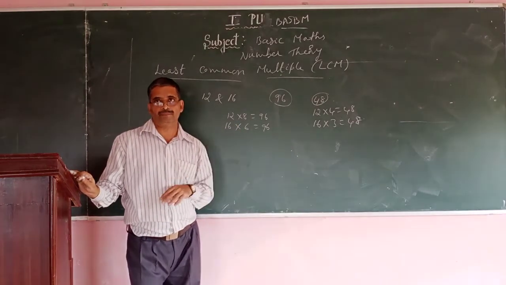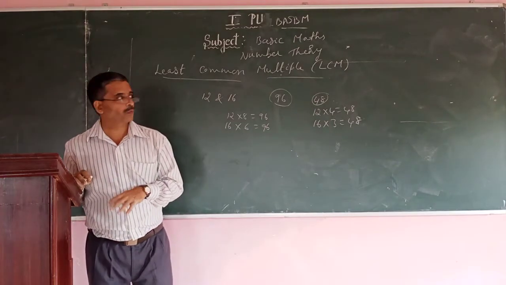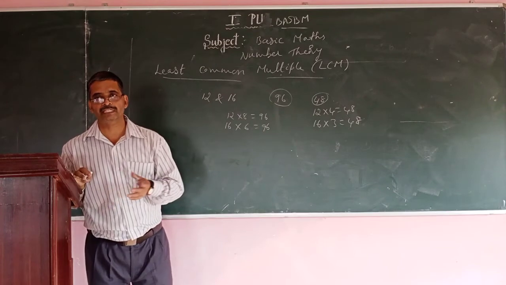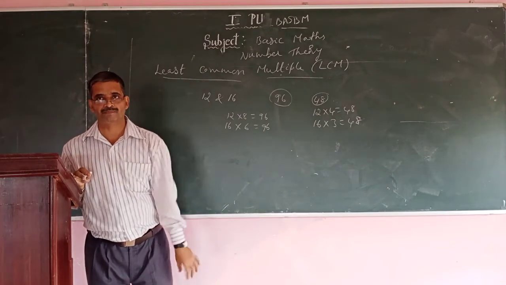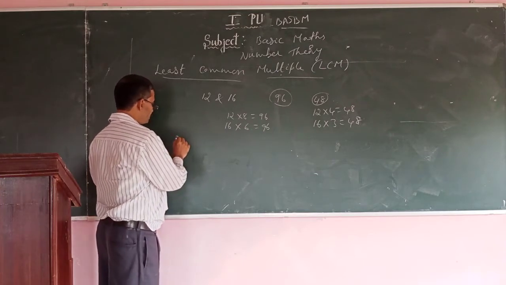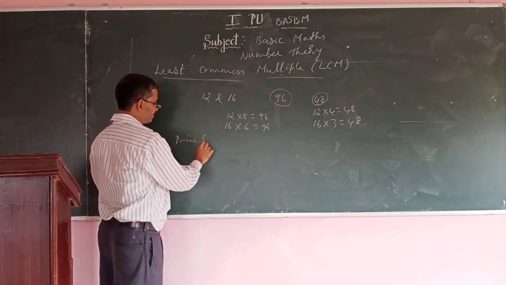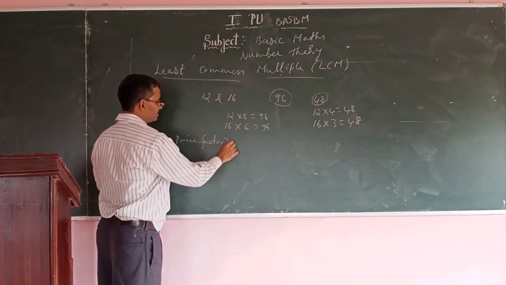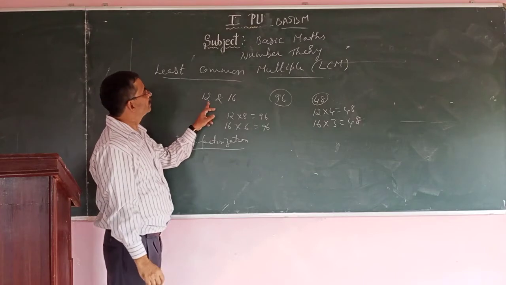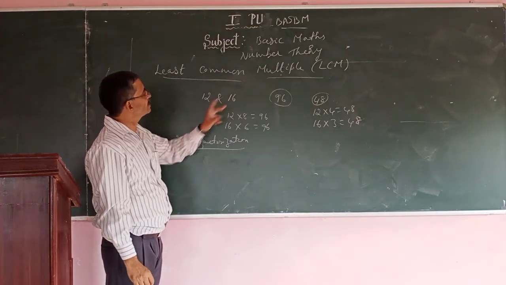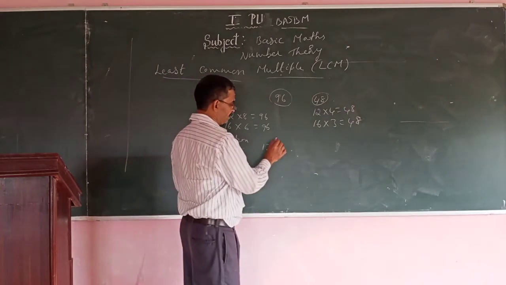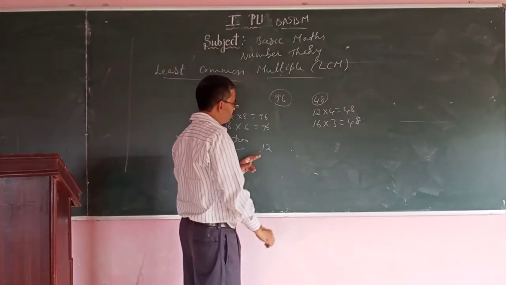How will I do it? There are different methods. One method is prime factorization. We'll see this method. So by prime factorization, get the value of 12 as a product of prime numbers. 12 you can write as 4 into 3.